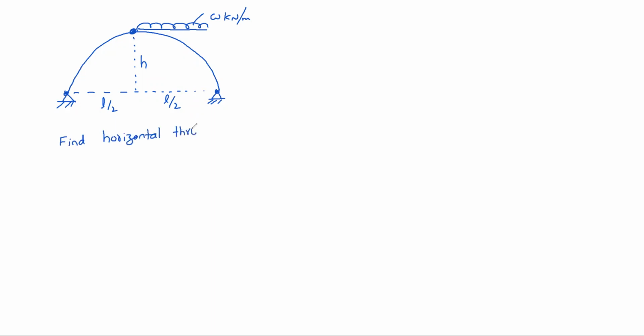This is an arch with 3 hinges, parabolic arch, L by 2, H, and half UDL is there, half span, W kilonewton per meter. Okay, on half span only. Find horizontal thrust. Horizontal thrust on supports. This is the question, okay?